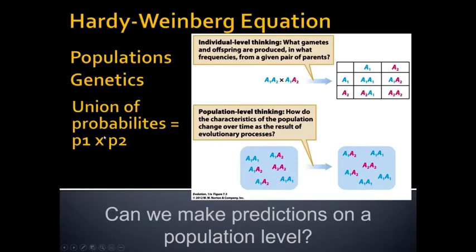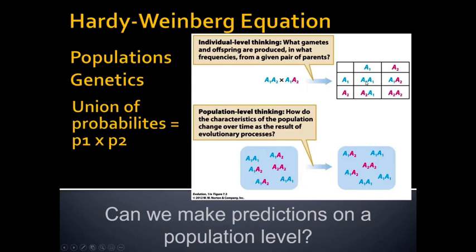And remember, these are always expressed as values between 0 and 1. So if the probability of getting an A1 allele is 0.5 and the probability of getting an A2 allele is 0.5, then the union of those probabilities is 0.5 times 0.5, and if you do that mathematically, it's going to be 0.25 or 25%. Now, a Punnett square is a visual way to represent those unions of probabilities.